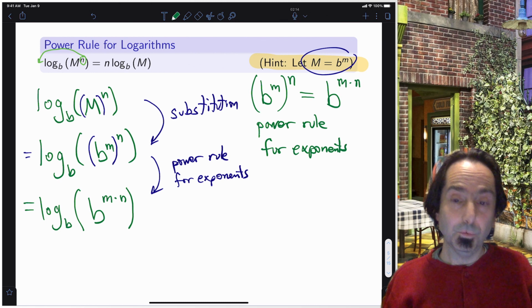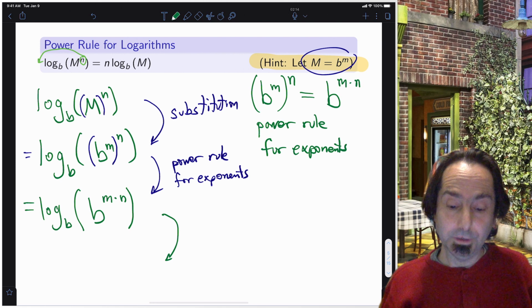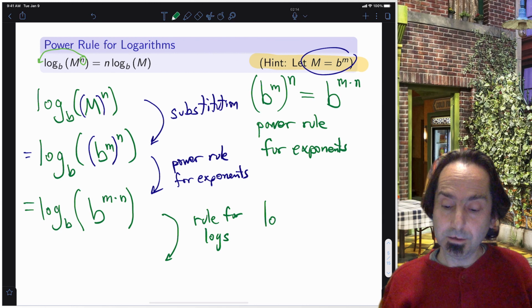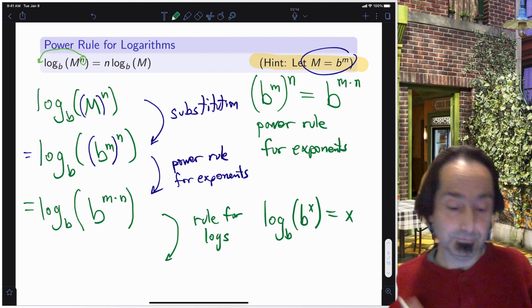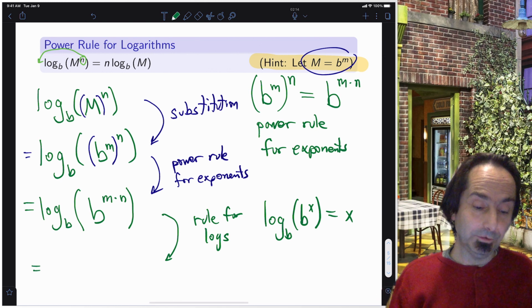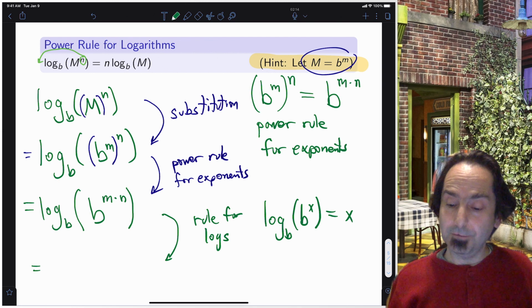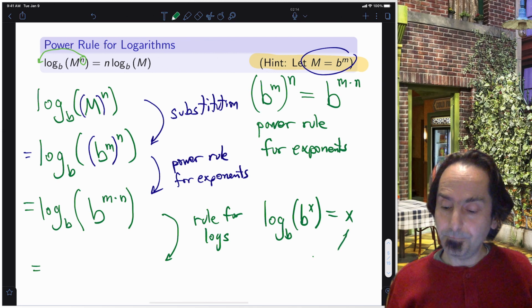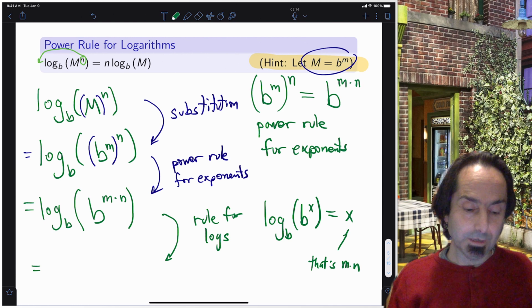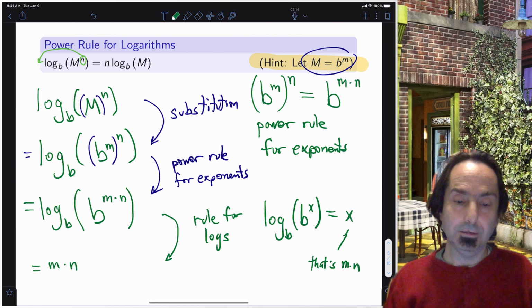Got that? Well, now we're going to use a rule for logs that says log base b of b to the x is just that exponent. Do you remember that? And so we can just use that here. x is m times n. We'll get m times n.